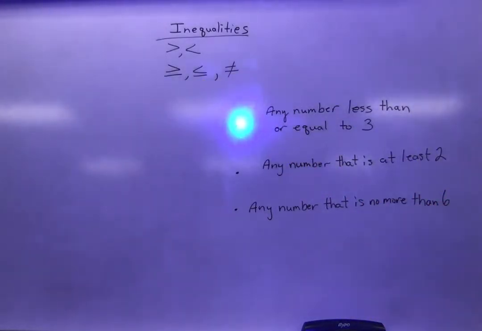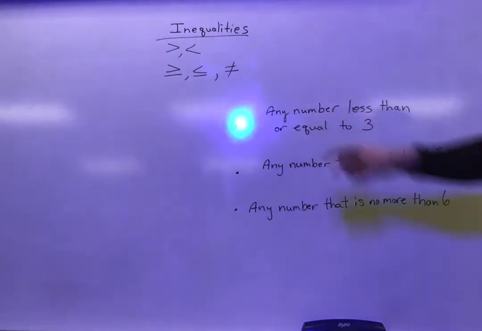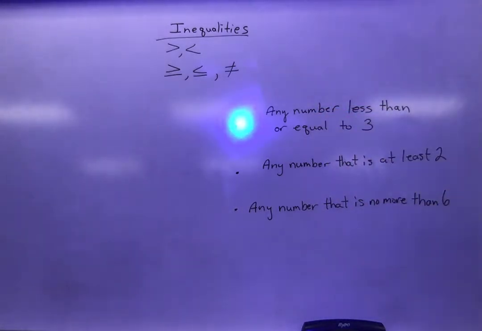All right, so we're going to look at a couple of examples of where you might see these and what these look like. This first example, any number less than or equal to 3, can have a lot of answers. So any number, let's just call x, and we'll say x is less than or equal to 3.